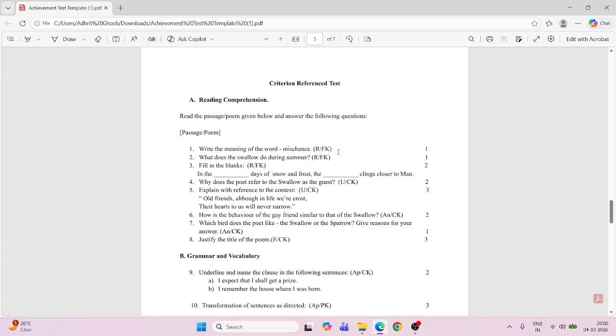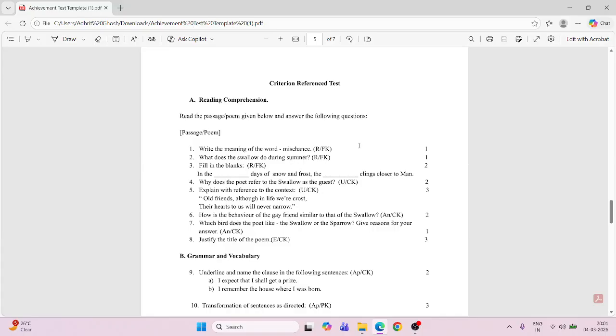You may or may not mention the objectives. It is not mandatory to mention the objective dimensions here, but I have mentioned them because it will be convenient for you to identify and put them in the table of specification if you mention them here. Alright, but if you give a question paper to the students, if it's a language paper or a question paper given to the students, please make sure that you do not mention these dimensions to the students.